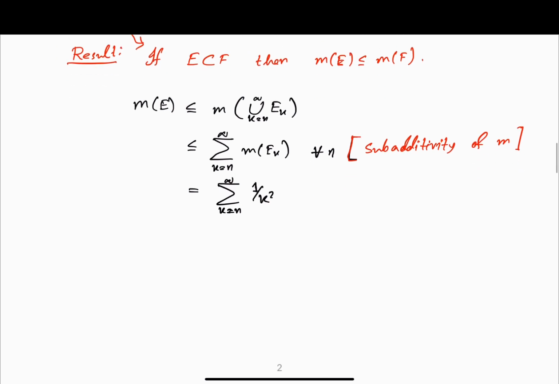So what we have got? So therefore, measure of E is less than summation k equals n to infinity 1 over k square for all n, right? And what is this right hand side?